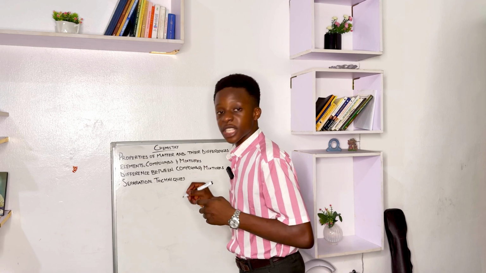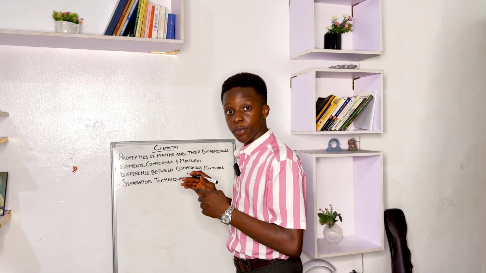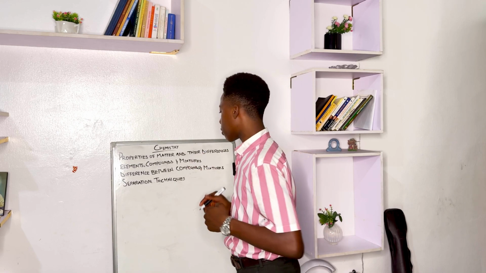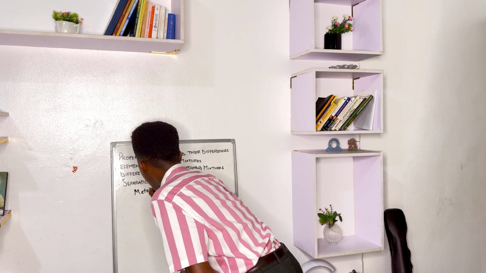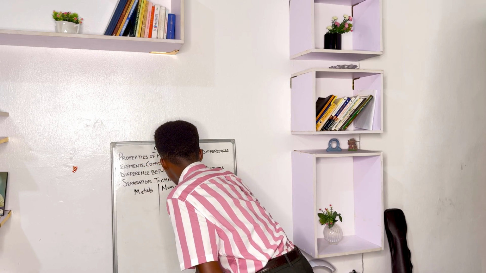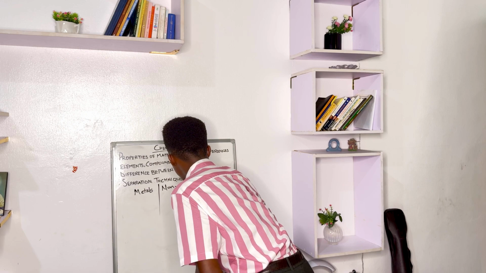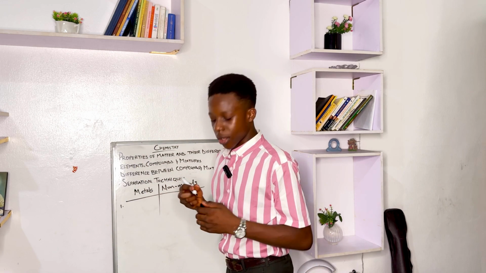I want to write out the differences between nonmetals and metals. We're going to learn about the physical properties, and then we're going to learn about the chemical properties. So here's metals and nonmetals. Right? I won't be able to write it all down, so I don't take a lot of time.